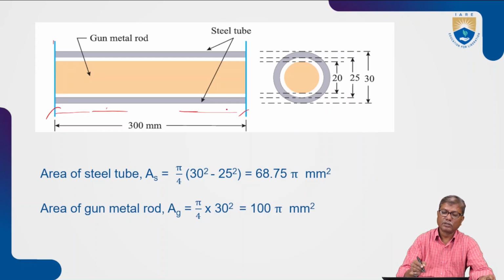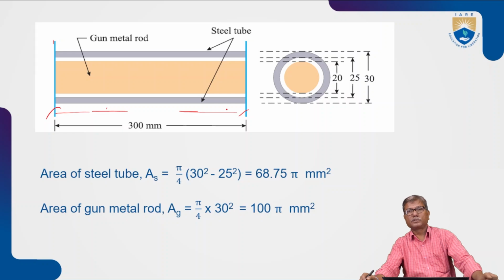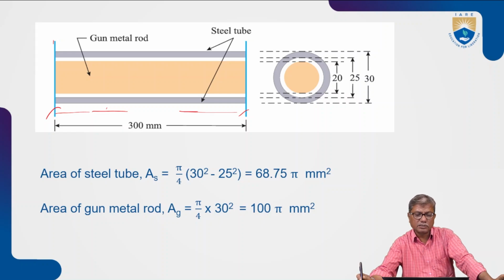Okay. That means when these are subjected combinedly to a temperature rise, what happens? They both tend to expand, but because of different coefficients of expansion, gunmetal tries to expand more and steel tube less. Okay.